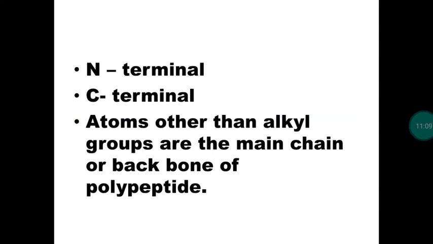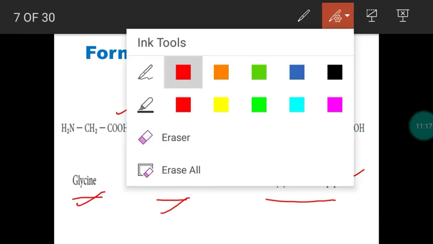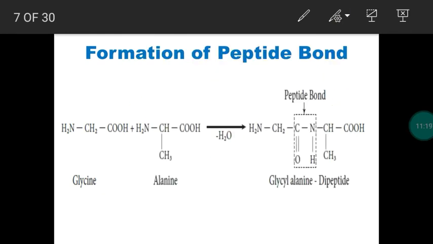Next, what is the N terminal? What is the C terminal in the peptide chain? N terminal means, take a dipeptide. While writing the product dipeptide, the amino group will be written on the left hand side, and the carboxylic acid on the right hand side.